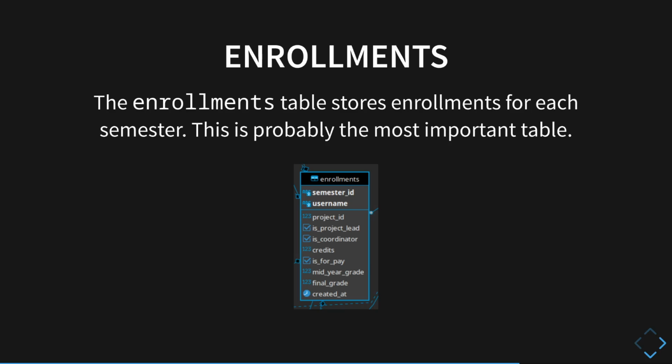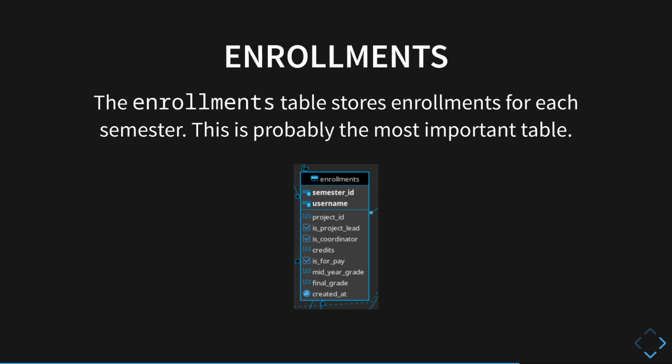Some of you I know are project leads here, so it'll be true for some of you, false for some. And this is where we store your credits, your mid-year and final grade, whether you're a coordinator or not, whether you're a project lead or not, all of that. This connects multiple tables, right? So it connects the semesters table and the users table, and also the projects table.